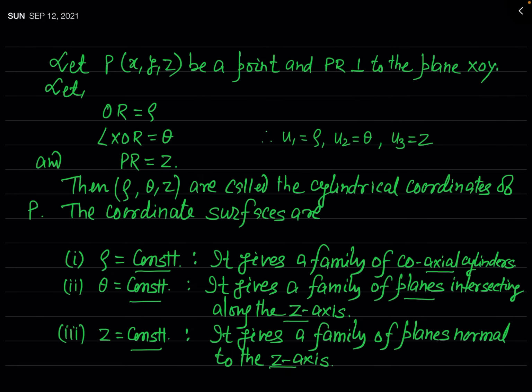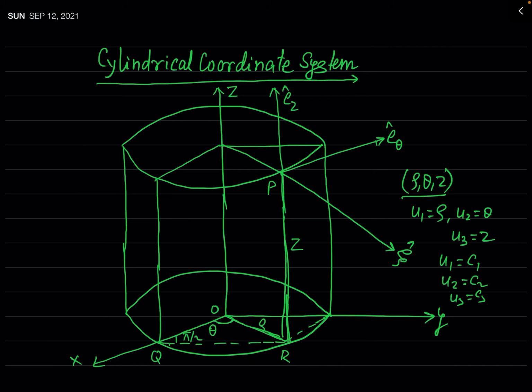So in this condition, you can see this projection OQ actually gives the value of x coordinate x, and this projection QR is equal to y, and RP is equal to z.